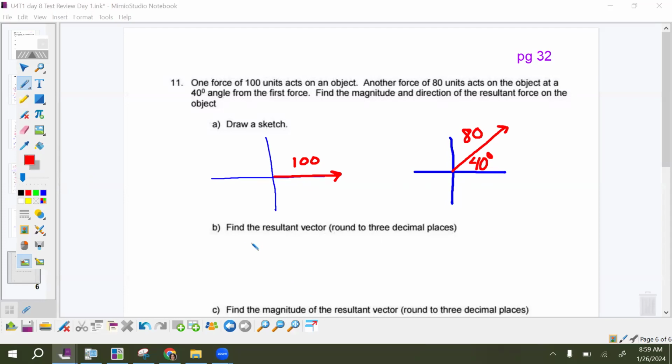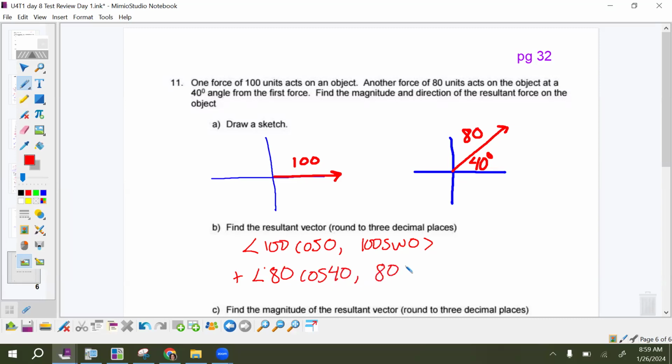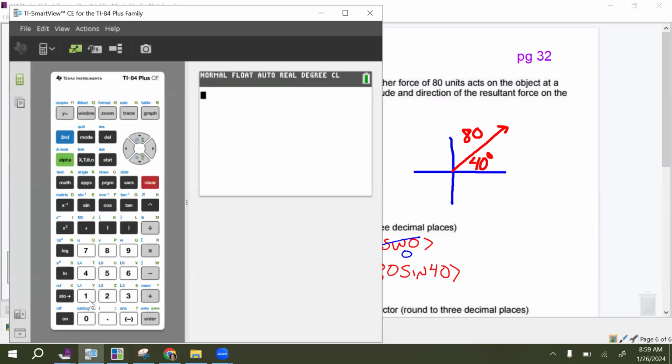Okay, the result. 100 cosine 0, 100 sine 0, plus 80 cosine 40, 80 sine 40. Again, to help my typing, this is 100, this is 0. If you want to type the whole thing, no problem. You can do that.